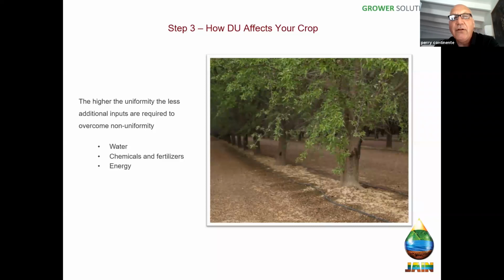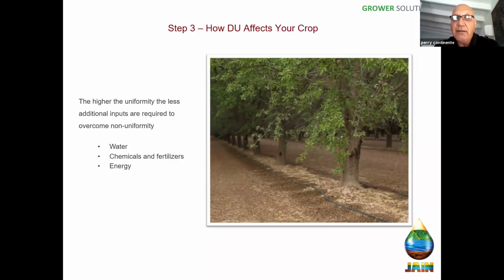Okay, how does DU affect your crop? Well, the higher DU you have, the less water you have to pump to overcome that non-uniformity, the less chemicals and fertilizers you have to put in to overcome that non-uniformity, and there are energy savings.